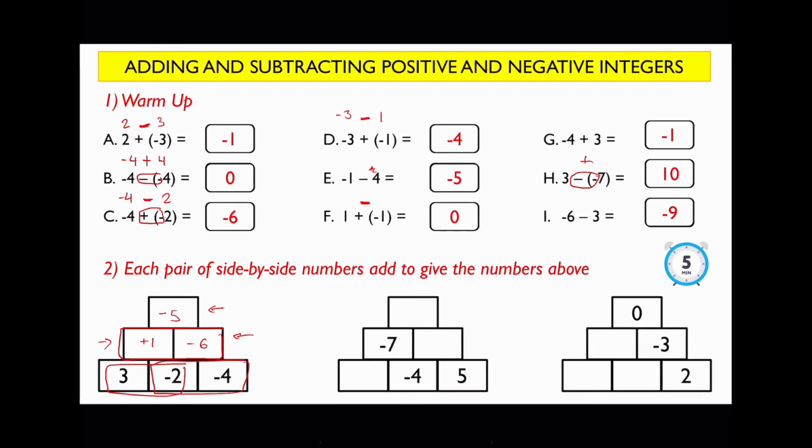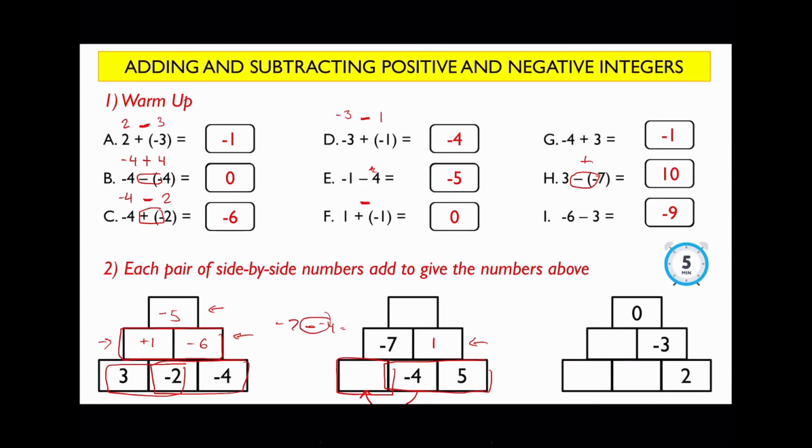Moving on to the next example over here. Because I've got these two numbers, I can therefore find what this is going to be. So negative 4 plus 5 is equal to positive 1. And in order to get this box over here, since I know that this plus this must equal negative 7, the way that I work this out is I just go negative 7, essentially subtract, do the opposite of negative 4, and that will give me my answer.